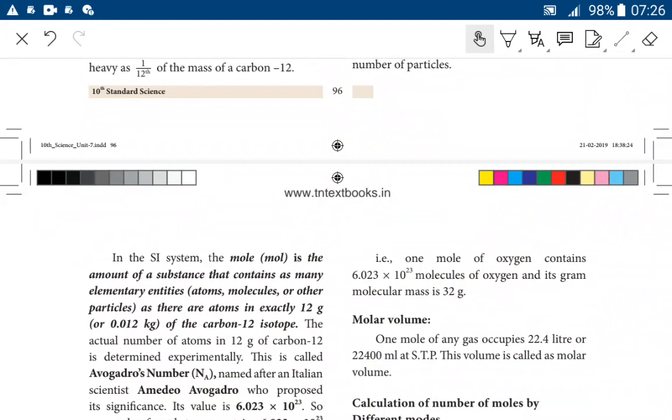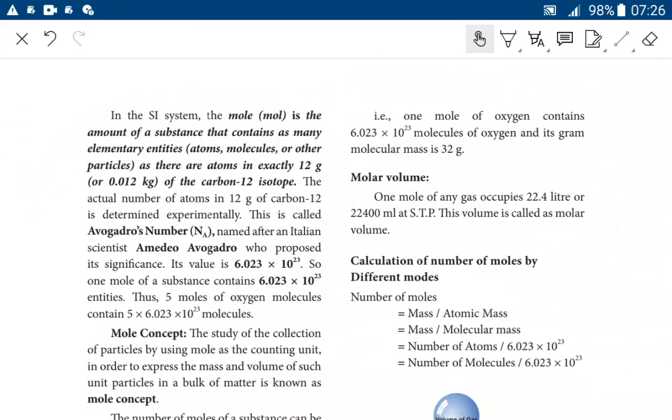And the value of Avogadro number is 6.023 into 10 power 23, and based on the significance given by Amedeo Avogadro, the name Avogadro number is given. Then 1 mole of any gas always occupies the volume of 22.4 liter, which is equal to 22,400 ml at STP.